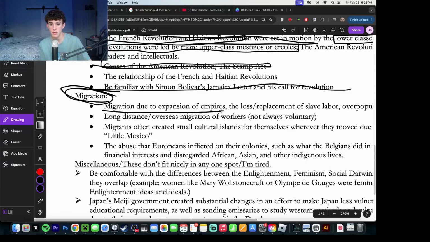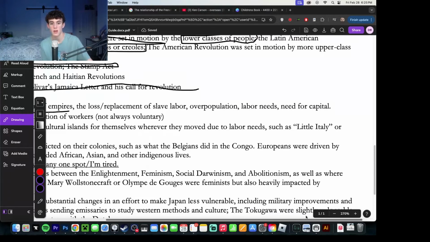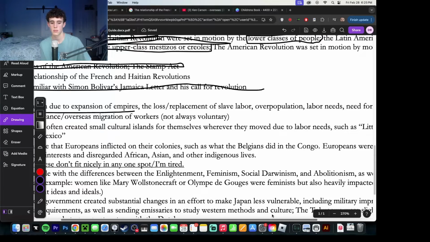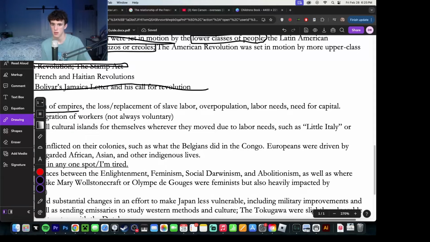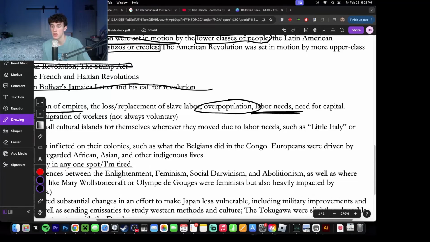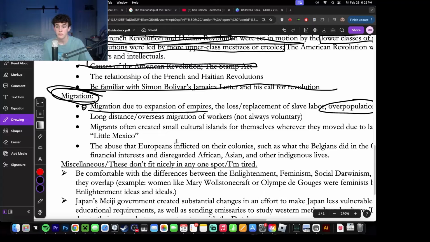So, migration due to the expansion of empires, the loss and replacement of slave labor, overpopulation, labor needs, and need for capital. Overpopulation is a big push factor because there's not enough space, but labor needs is a pull factor because when they need workers, hey, I'm going to go get a job.